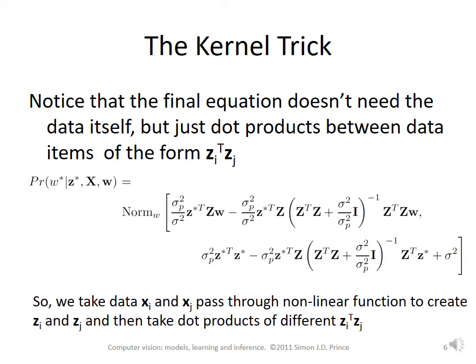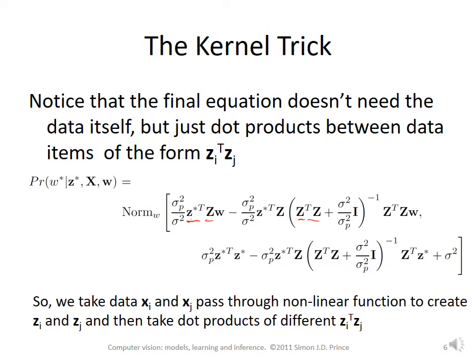We take our input x, turn it into a nonlinear response z, and then we look at pairs, in fact, of z's, where every time you see a z, it's either a vector and a matrix, so a single z star, so that's what we're trying to predict, and our data set of z's, or it's a matrix and a matrix multiplication.